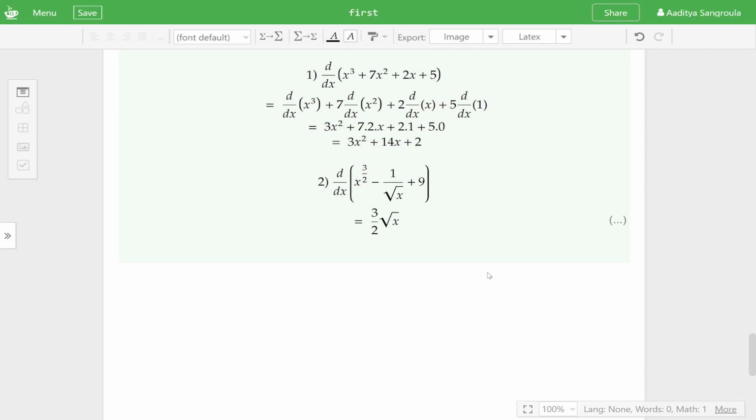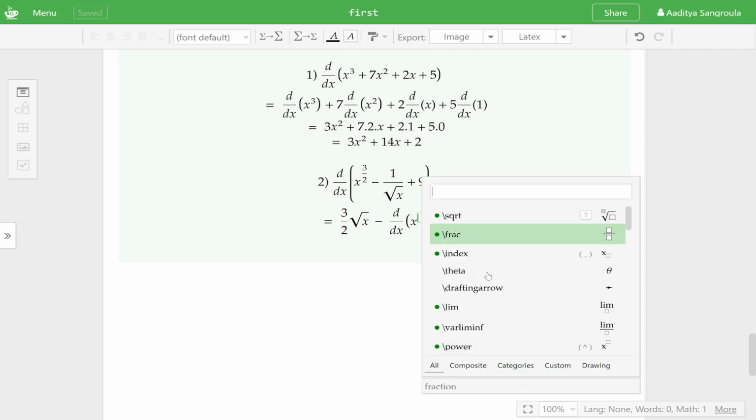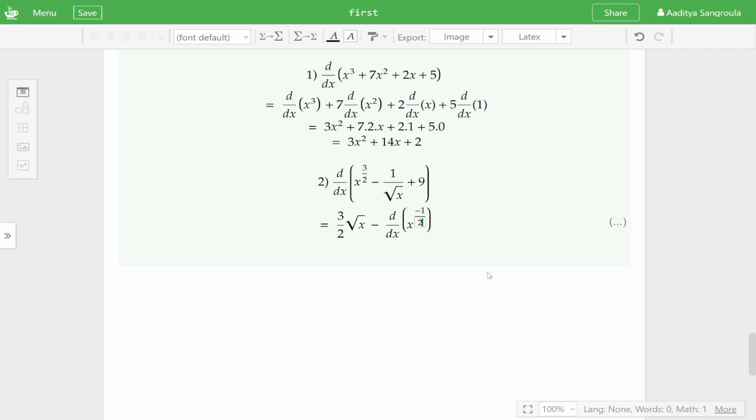And minus, this is the derivative of x to the power negative 1 over 2, so negative 1 over 2 brought down, plus 0, because the derivative of 9 is 0, and we add things.